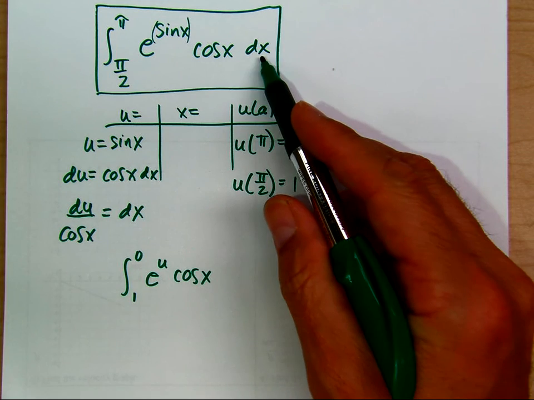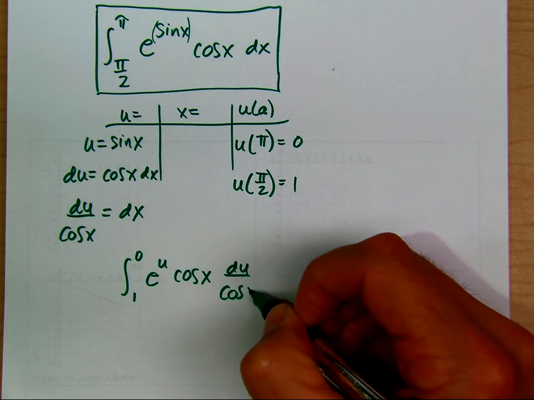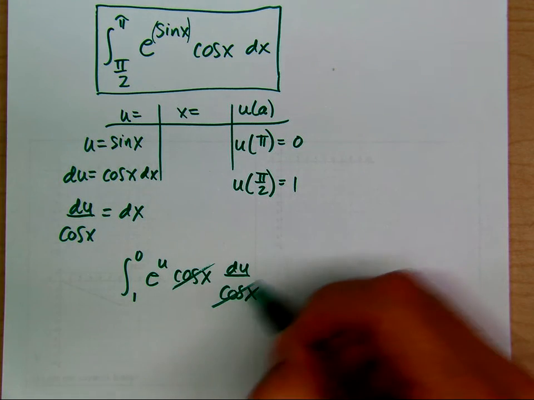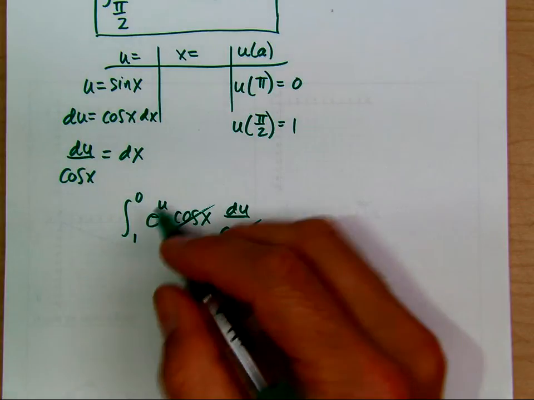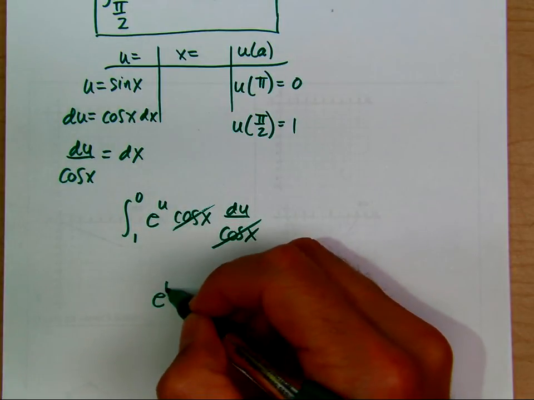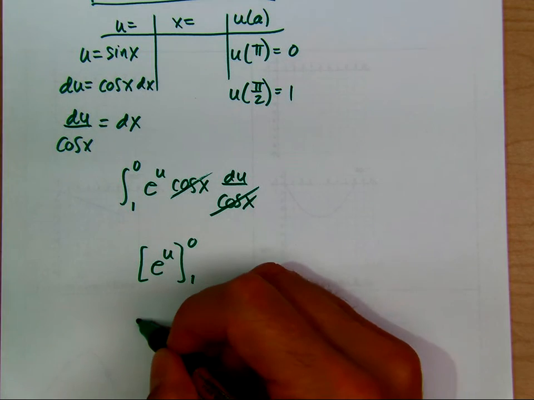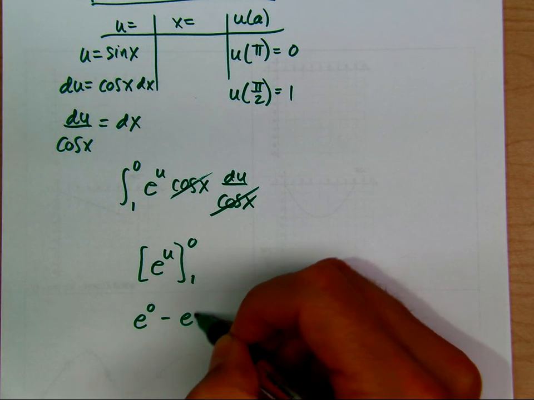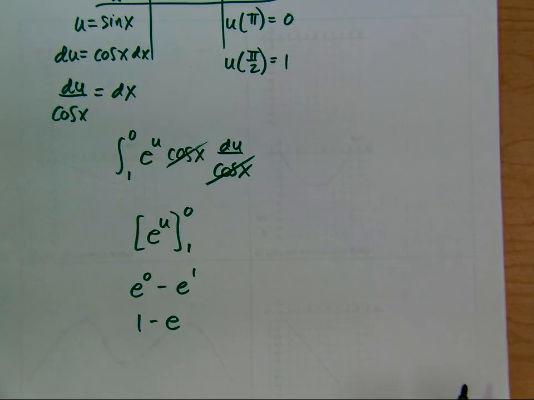Substitute for dx, du over cosine x. So the antiderivative of e to the u is e to the u from 1 to 0. E to the 0 minus e to the 1, and we get 1 minus e. All right, and we'll stop there.